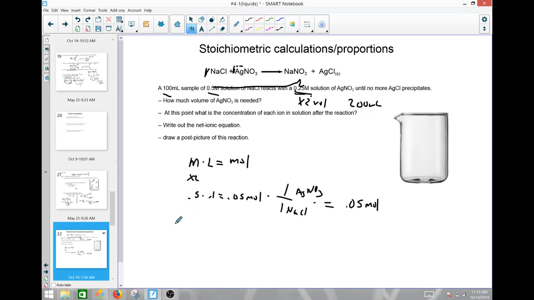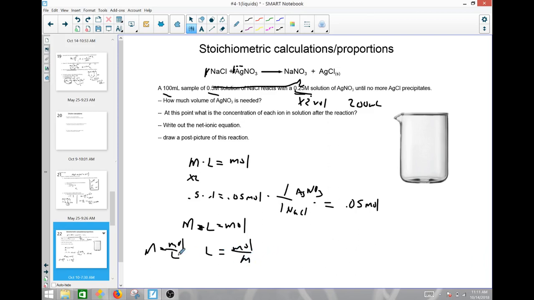Then I would use the same formula, molarity times the volume equals the moles. Now, in this case, I want to solve for volume. So let's rework this. Molarity equals moles per liter. I want to solve for liters. Things move diagonally, so it's going to be liters equals moles per molarity.